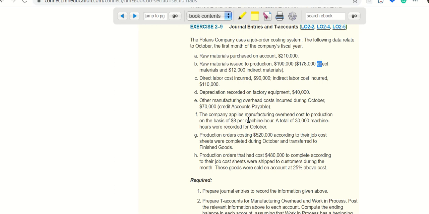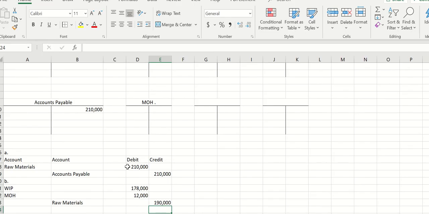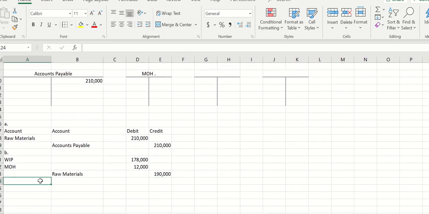Okay. Direct labor costs incurred 90,000. Indirect labor costs incurred 110,000. So now they just told you the totals: 90,000 direct, 110,000 indirect. We don't use direct and indirect labor accounts. We just use work in process for direct labor, and for indirect labor we use manufacturing overhead, right?